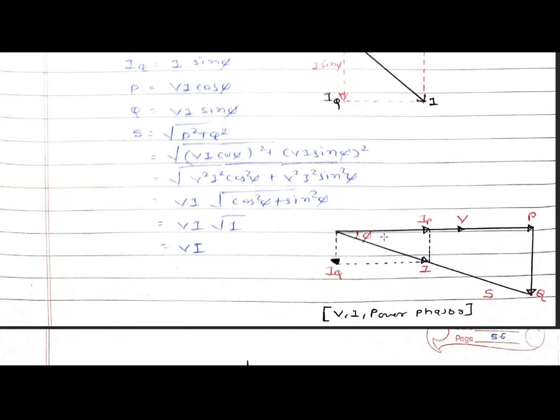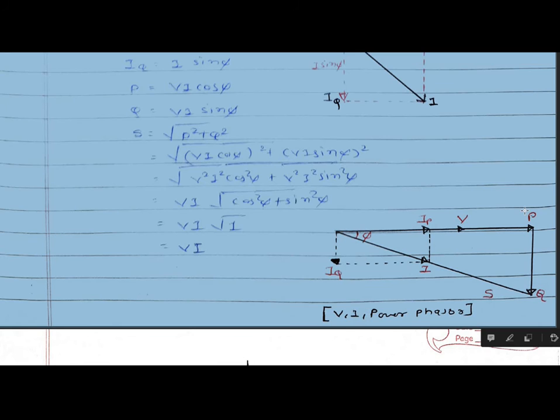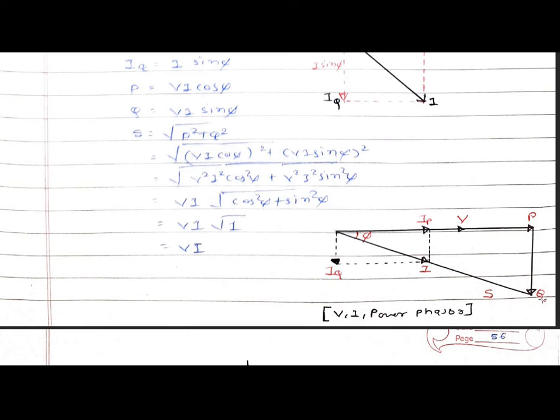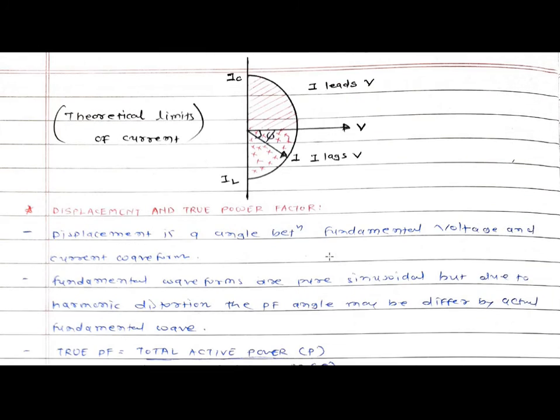This is the applied voltage V in phasor form, this is the active power P, this is the reactive power Q, and this is the phasor summation of the active and reactive power, S. So this is the power phasor.